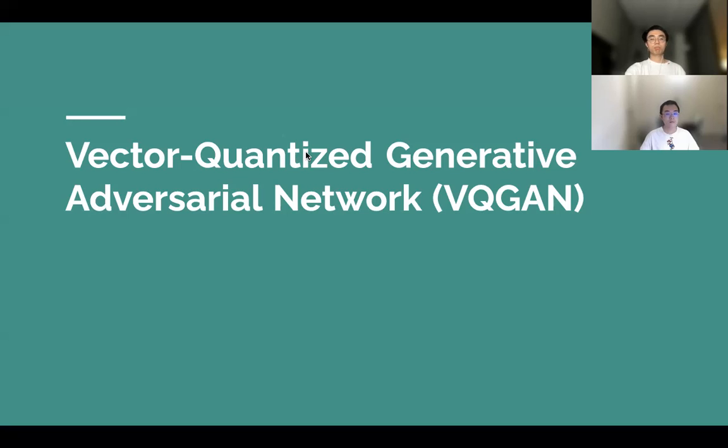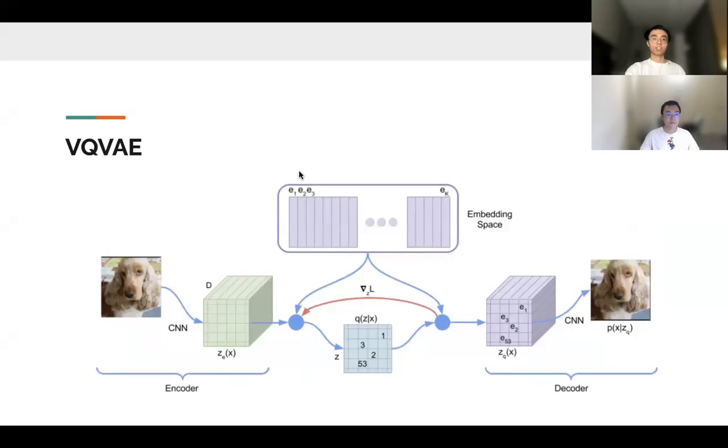One of the most important backbones of the generative model is the vector quantized generative adversarial network. An important component of VQGAN is VQVAE, which is a variational autoencoder we talked about in class.